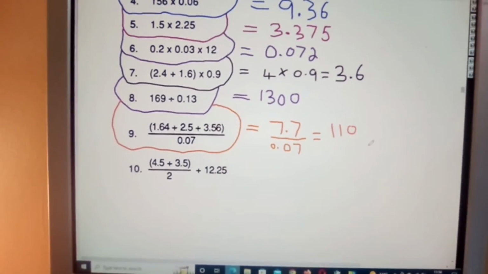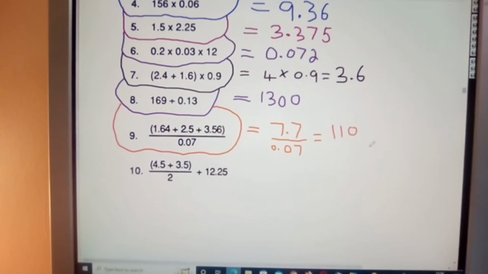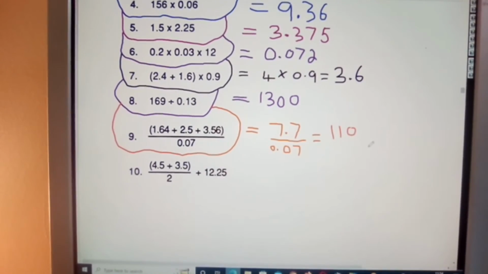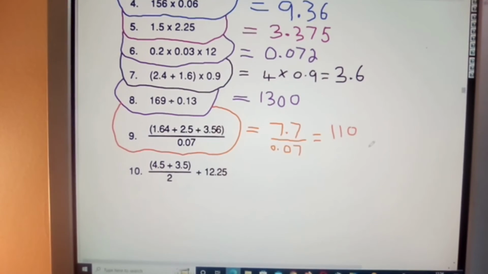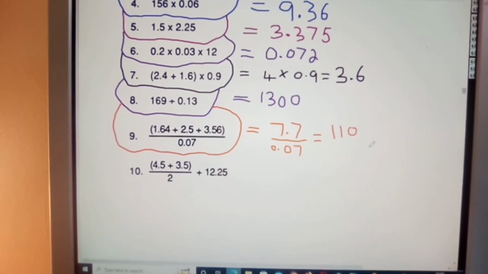There you are, 110. So 7.7 divided by 0.07 gives you 110.